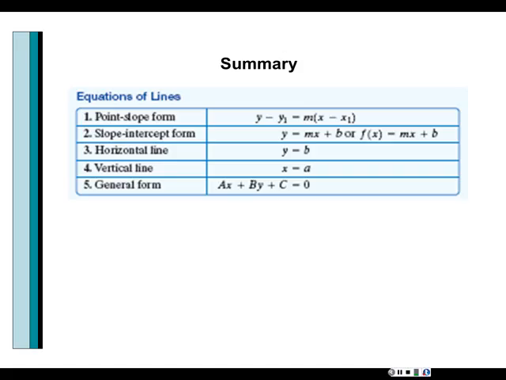And the last one is the general form. Remember that forms 1, 2, and 5 are interchangeable. Any form can be transformed to another form. It's up to you which one you need, when you need, or how you need. You can always do that using some algebra.